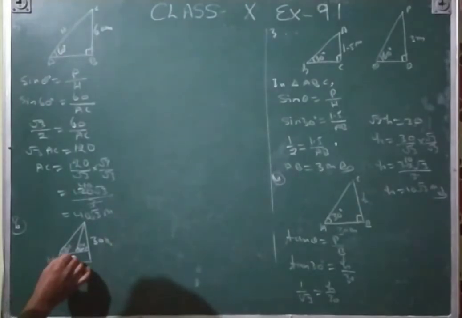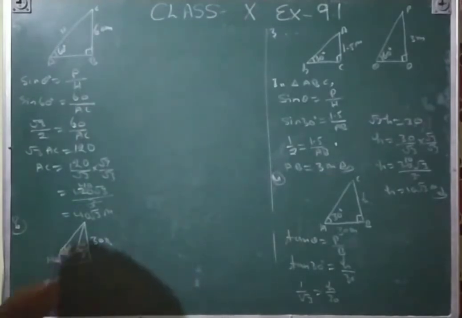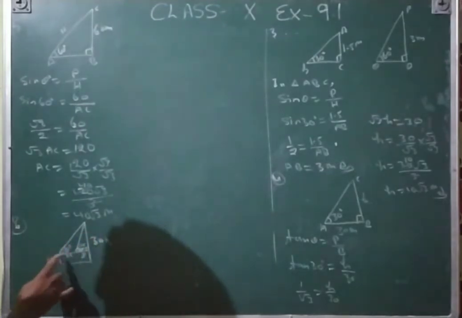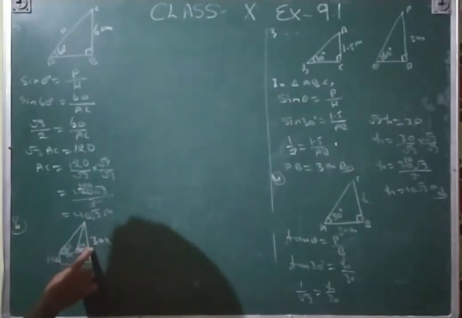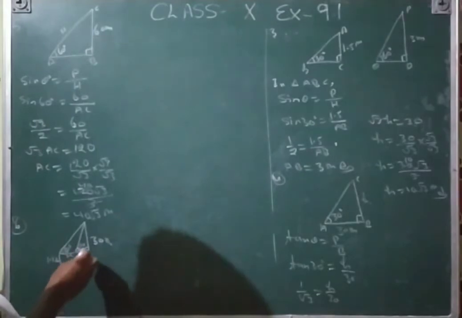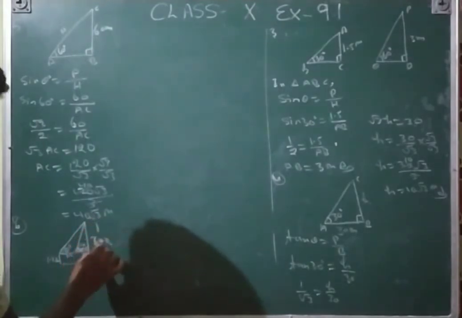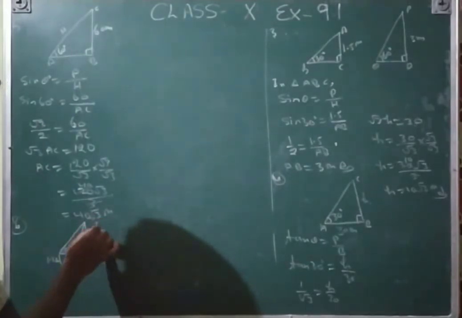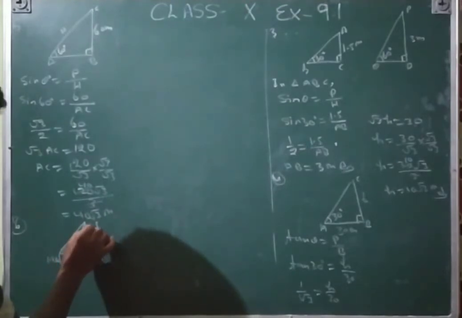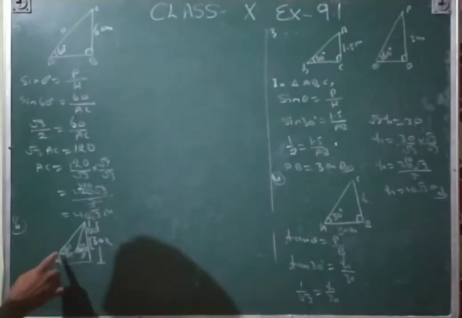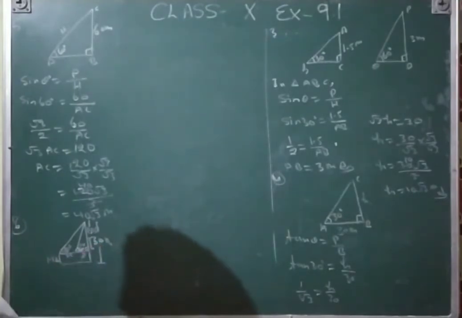We can write here this one is x and this is y, and this is the actual distance. The calculation height will be 28.5, because the 1.5 meter height of the boy is subtracted from 30.